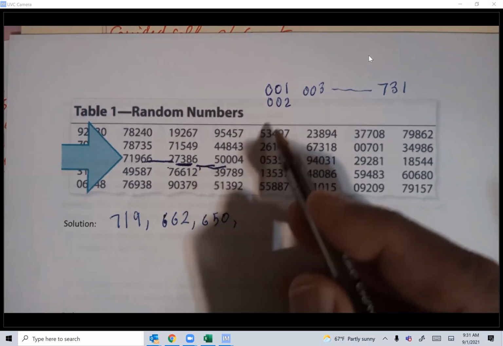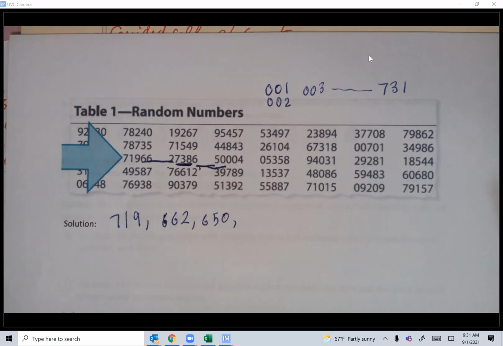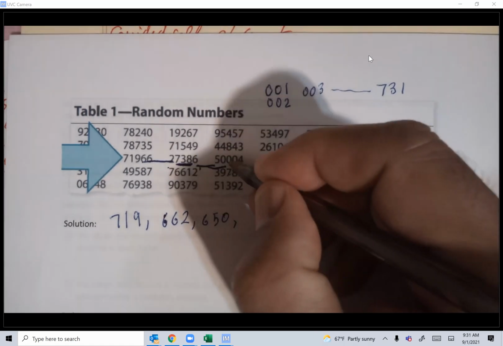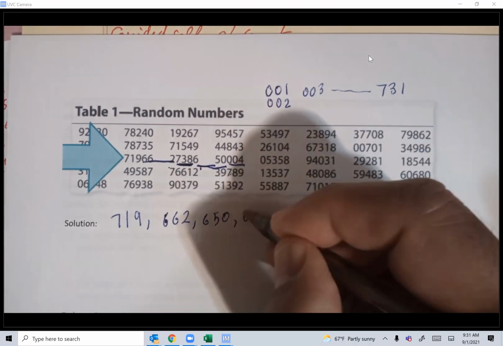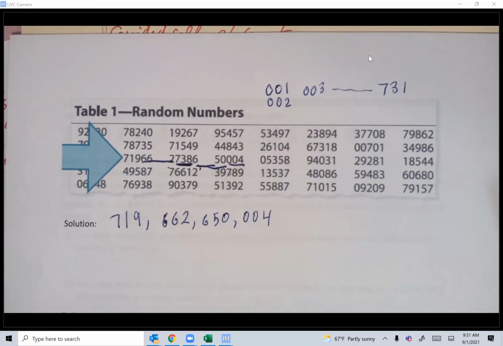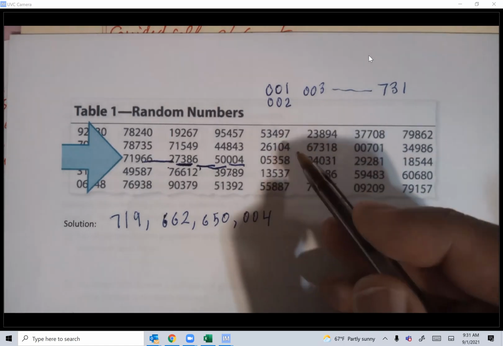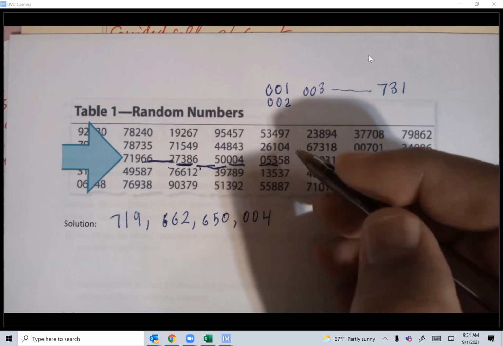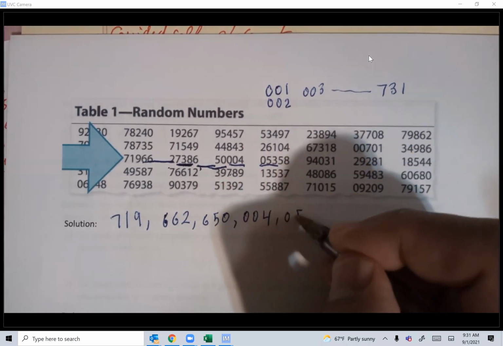If you think that there is no chance for someone whose number is 4 to be selected, you're wrong. Look here what we got: 004. This person will be selected. How many are we selecting? 8 students. So I'm going to go all the way through 8. Look at the next 3 digits: number 53 is going to be selected.